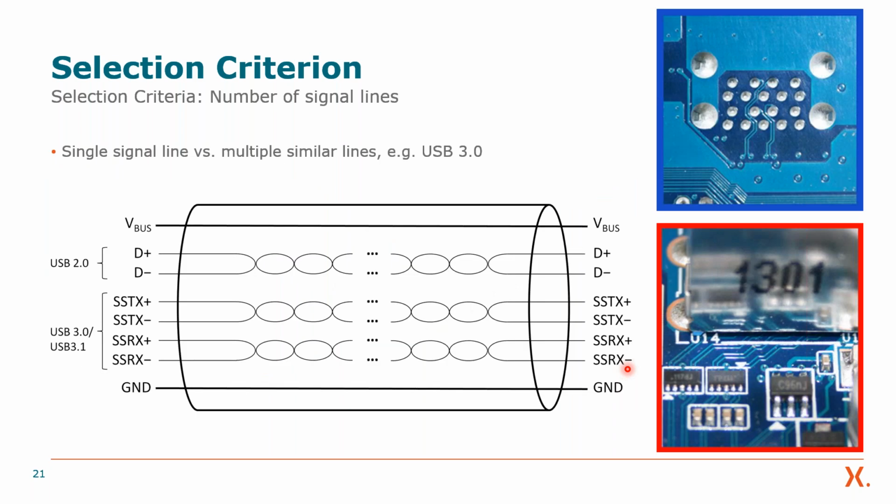So first one, the number of lines to protect. This seems to be very trivial, but it can be a source of more freedom in day-to-day design, to put it maybe like this. Here as an example is a USB 3 connector. You see the high-speed data lines routed through this array of pins.